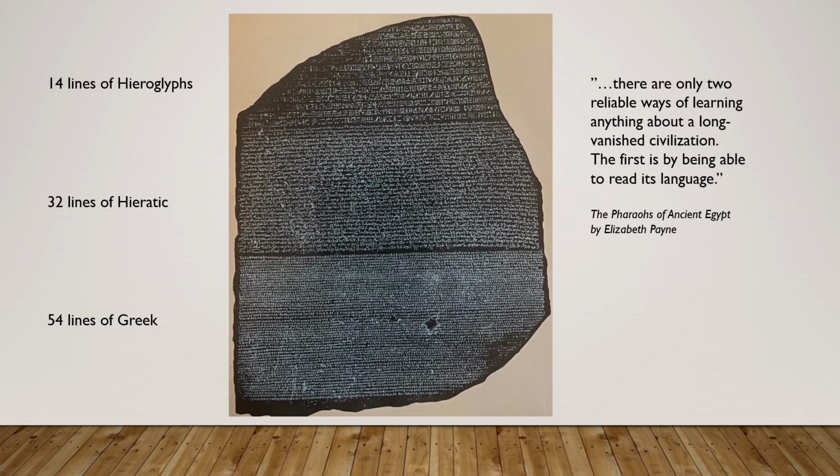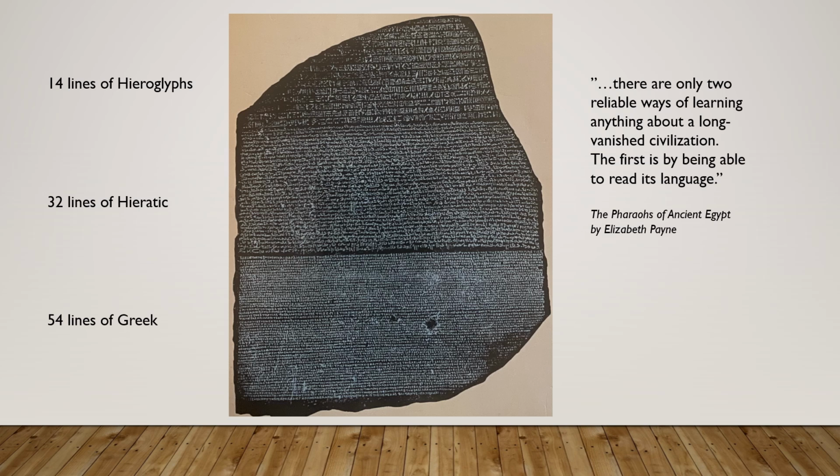The top text is comprised of 14 lines of Medunetja, and the middle is 32 lines of Medunetja. Two different ways of writing Medunetja. One is kind of a print, like the typewriter, and the other is a script, like when we sign our names. They call it different names, but they're both Medunetja in terms of how we should identify them.